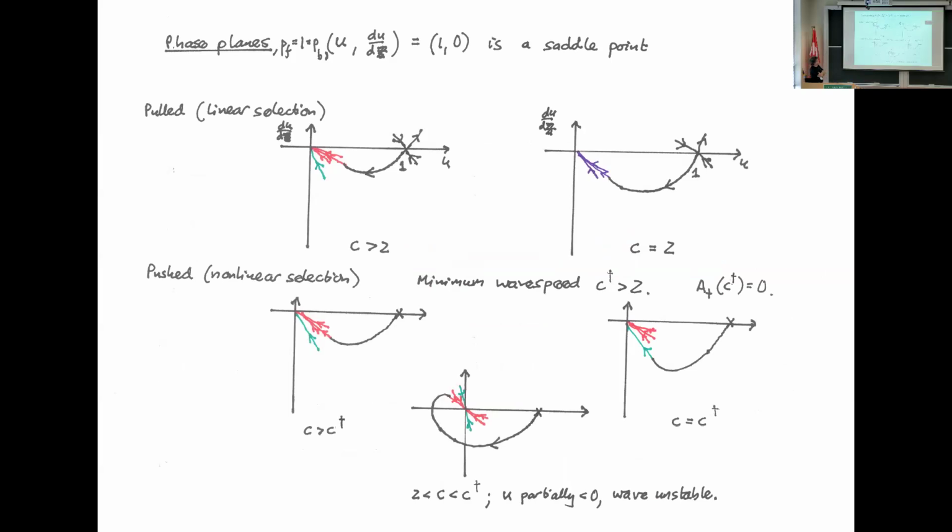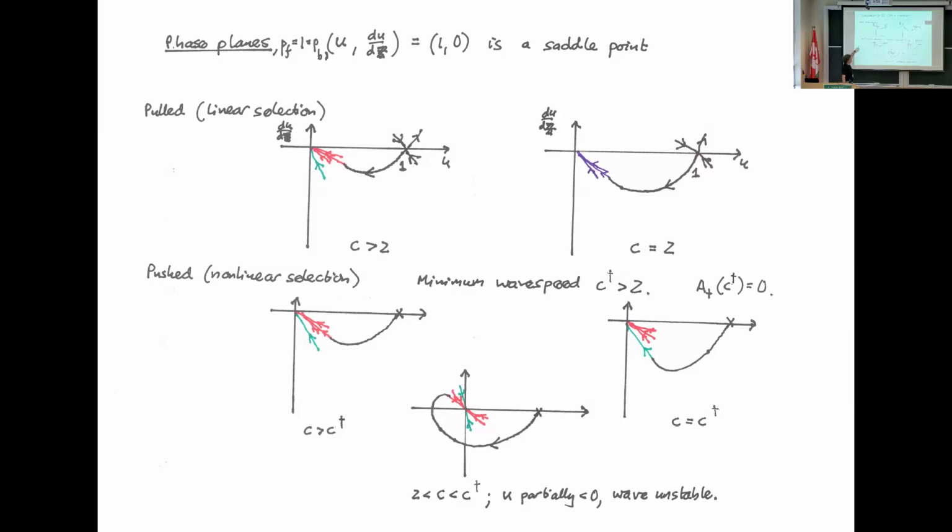The light blue ones are the fast decay ones, which appear in the bottom case. As you keep dropping down C, eventually you hit the degenerate node, and that is how fast the wave goes. Because if you drop it any further, you go in as a spiral, which is both unphysical because it goes negative, and it's also unstable because it's non-monotonic.